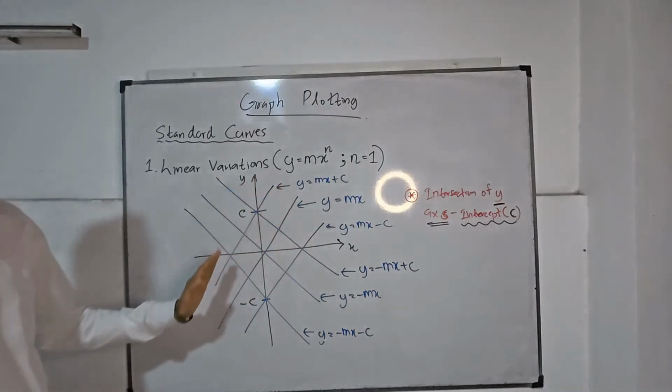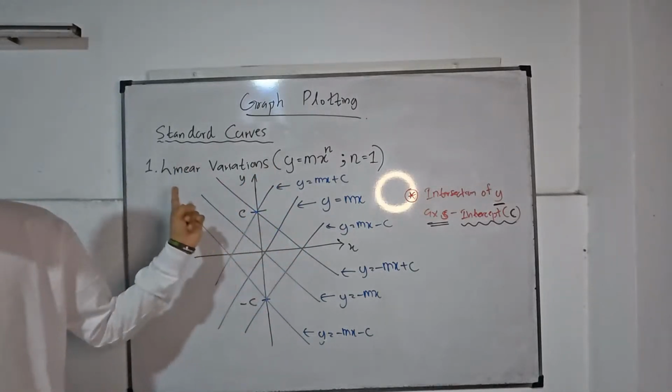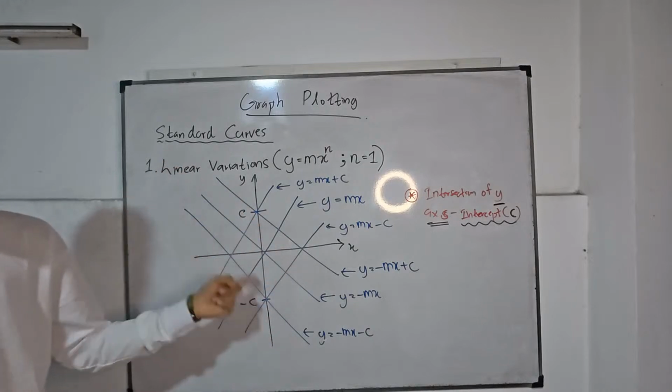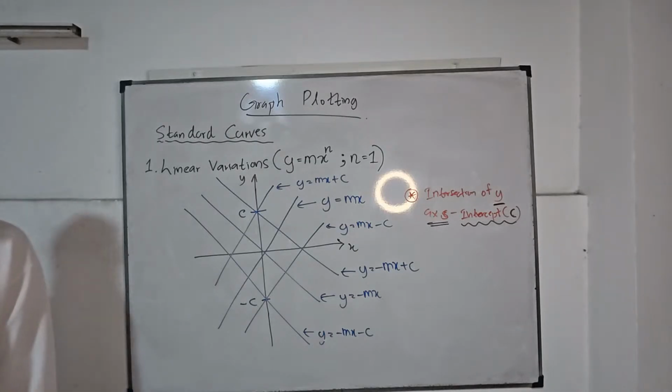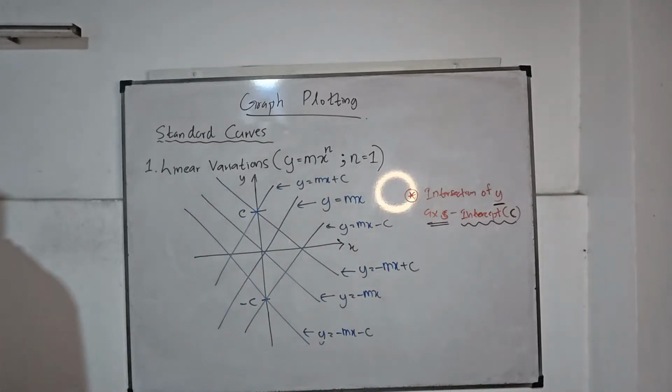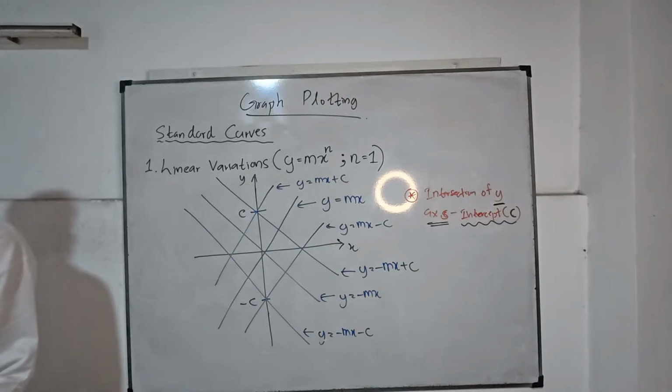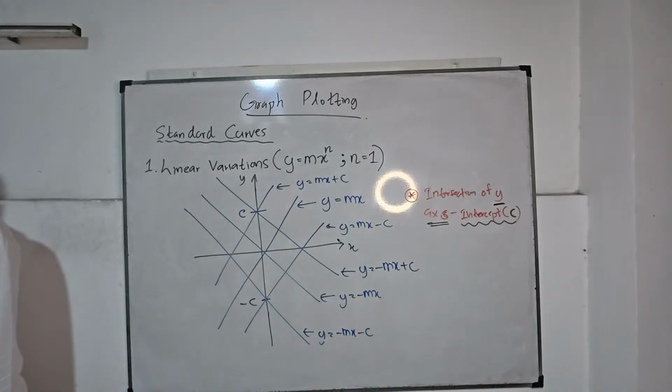Y equals mx, y equals mx plus c, y equals mx minus c, y equals minus mx plus c, minus mx minus c. Write down quickly and clearly.